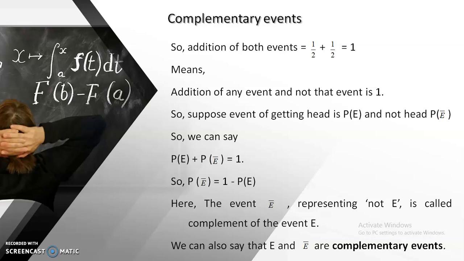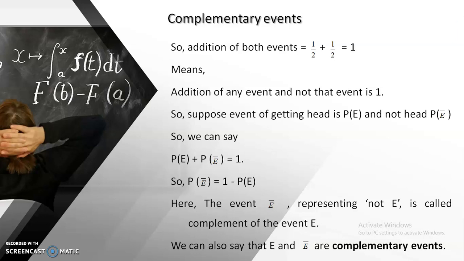Here E bar is called the complement: head is P of E and not head is P of E bar. Not head means tail, but don't write tail; at that place you should write P of E bar. E bar means not head, and not head is tail.